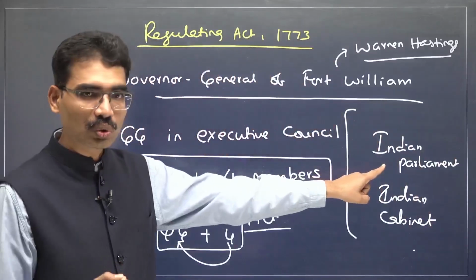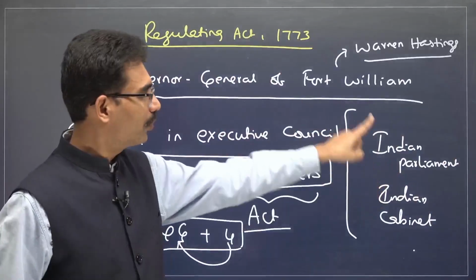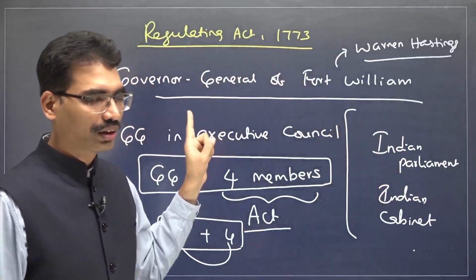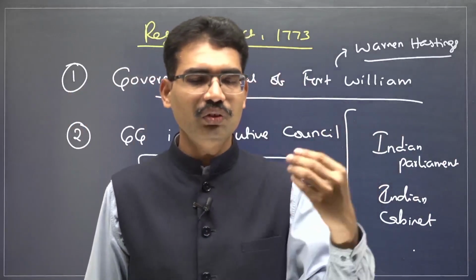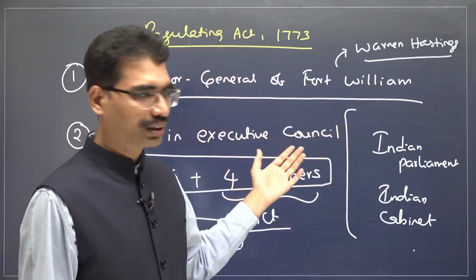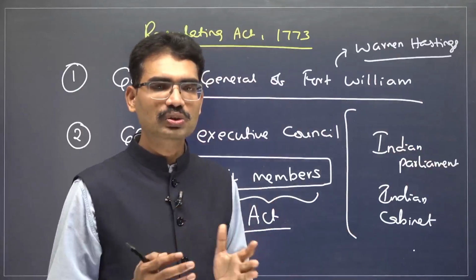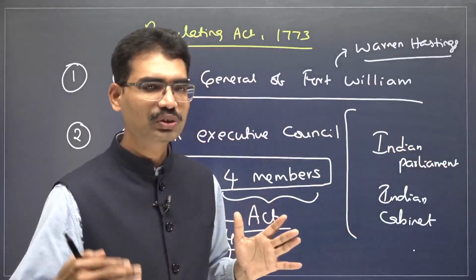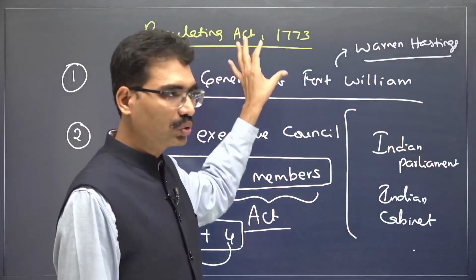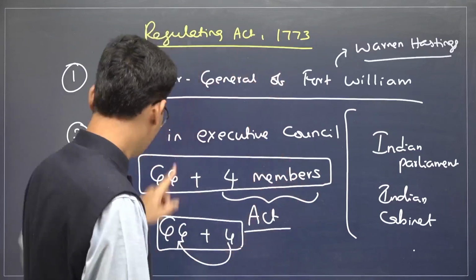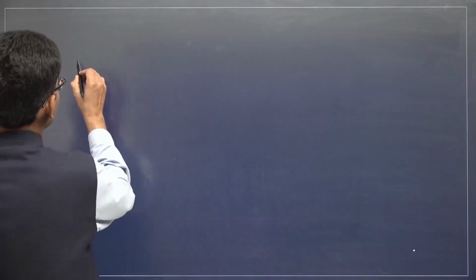That is why the roots of the Indian Constitution go back to these times. When you study polity also, you are going to study the Regulating Act. By 1950, a complete new constitution, a new kind of parliamentary democracy is going to be established, but the root is going to this one.